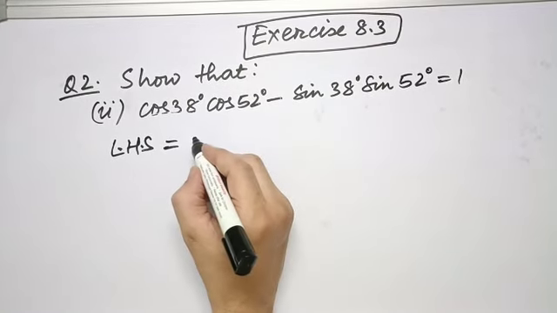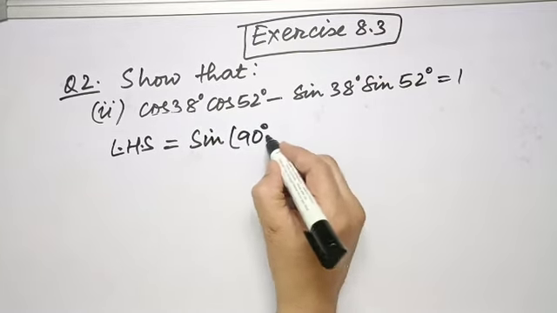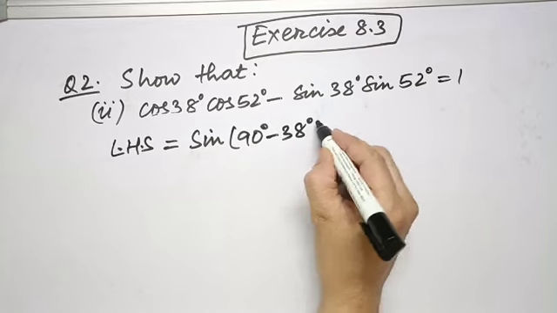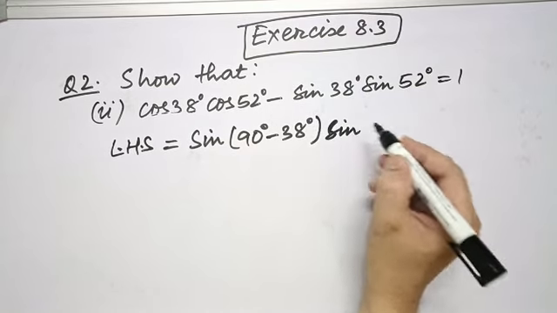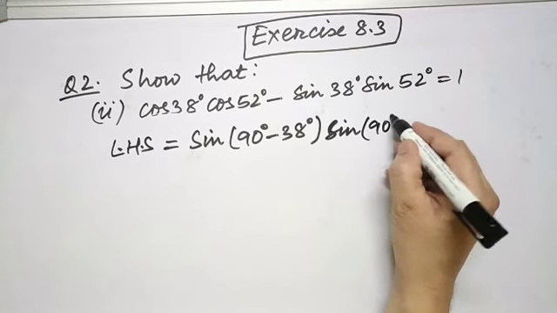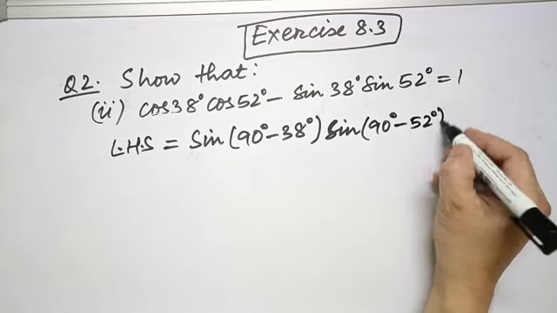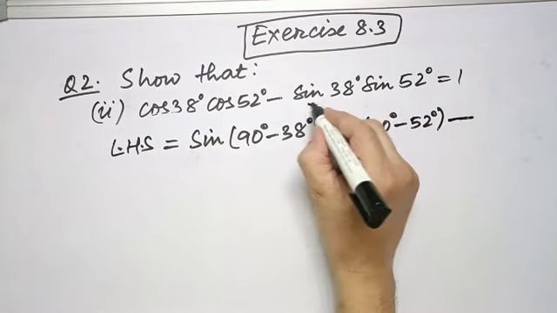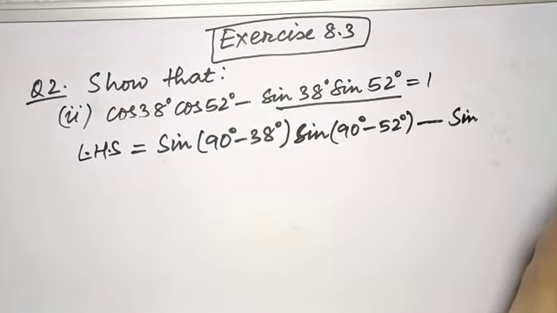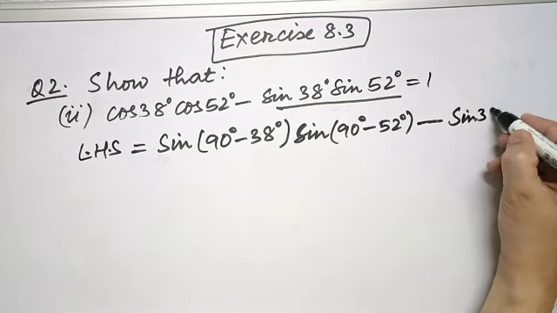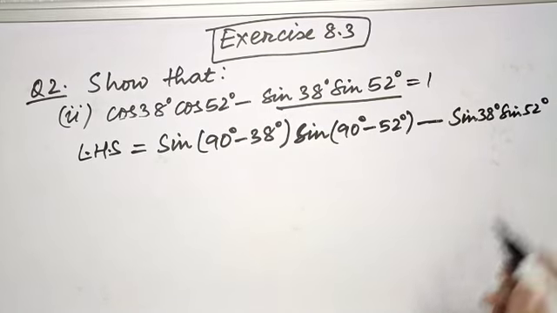This cos can be written as sine 90 degree minus 38 degree, and similarly the other cos will change into sine 90 degree minus 52 degree, minus these two values, which I am going to write as cosine 38 and sine 52.